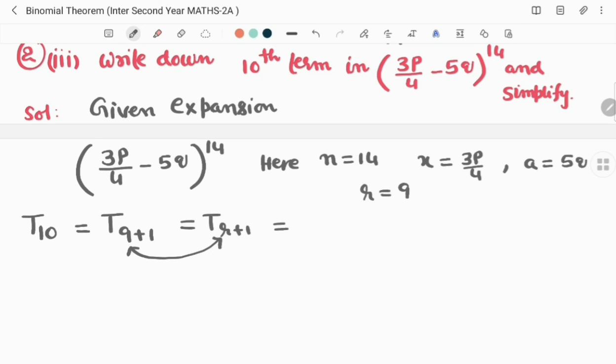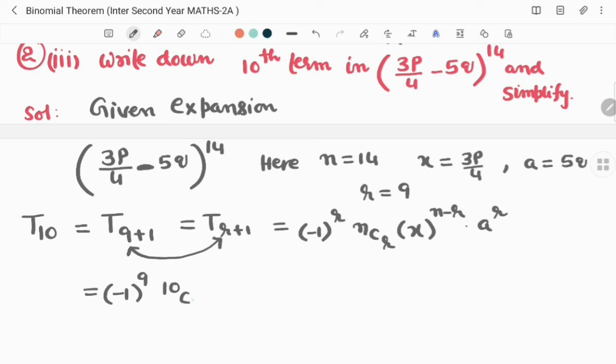In the expansion minus is there, so the T(R plus 1) formula is minus 1 whole power R, nCR, x power n minus R, a power R. So it equals minus 1 whole power 9, 14C9, (3p by 4) whole power 14 minus 9, into (5q) whole power 9.